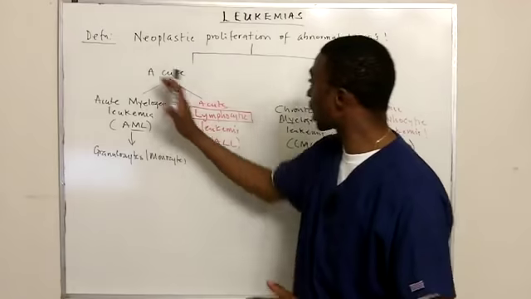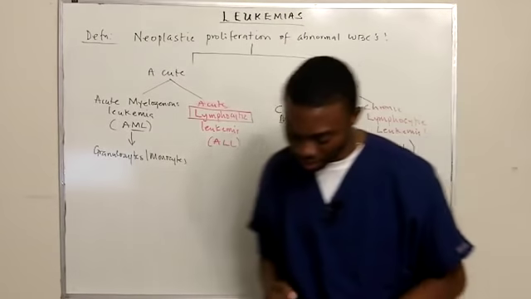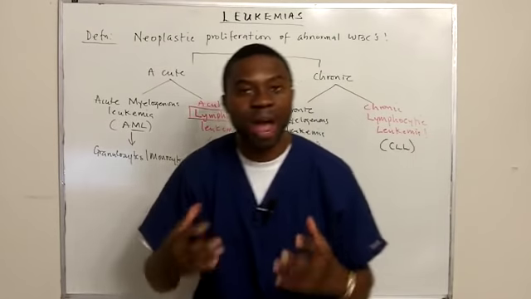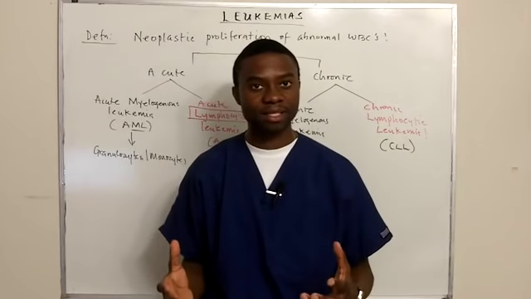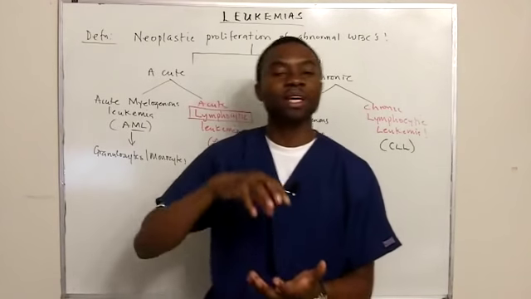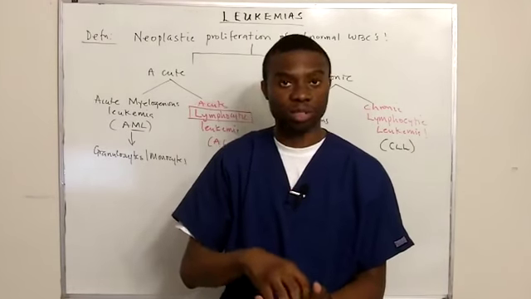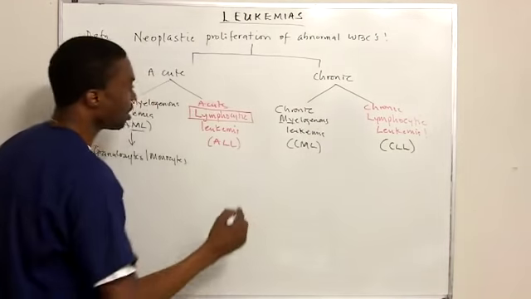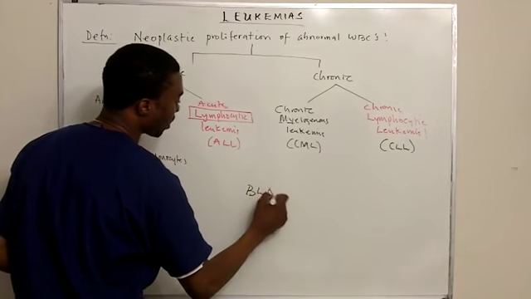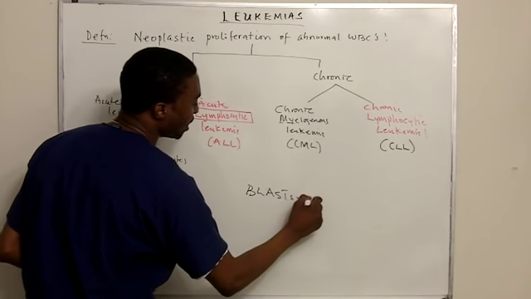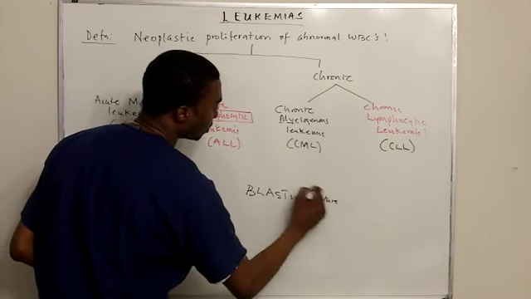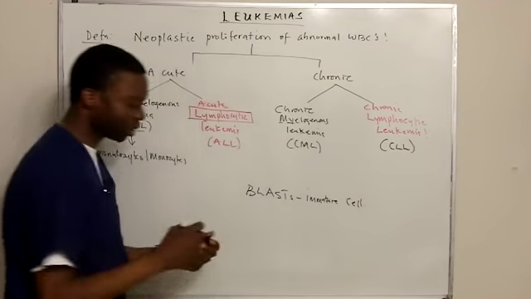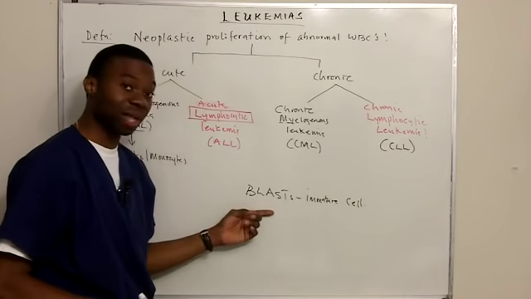The difference between acute leukemias and chronic leukemias is often due to the rapid progression of the disease. What do I mean by that? We have immature white blood cells in the blood. The name of those are called blast cells. So every time you hear blast, think of immature cell lines, right? Immature white blood cell lines are known as blast cells.